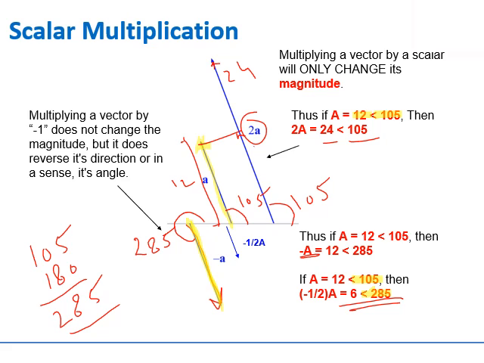Similarly, if you want to find negative of half of A, that means half the magnitude of this 12 vector A, and negative means again the angle will be 285. So it is 285 for both of these. This is how we do scalar multiplication of a vector.